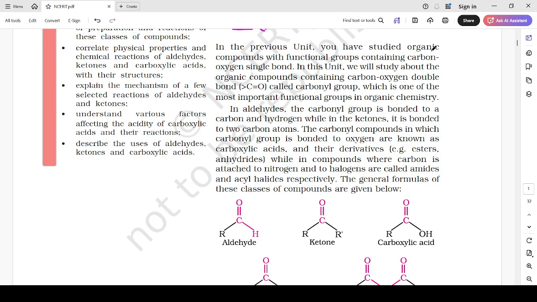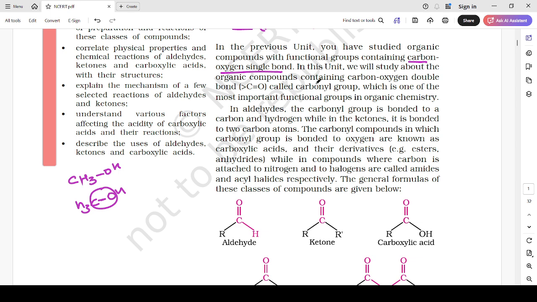In the previous unit, we studied organic compounds with functional groups containing a carbon-oxygen single bond. What do I mean by that? Now I'm having CH3OH, where the carbon and oxygen are bonded with a single bond.